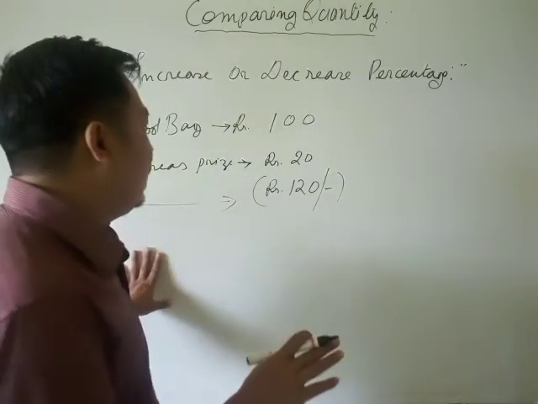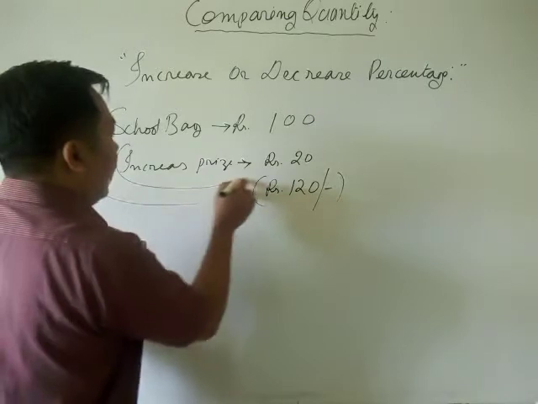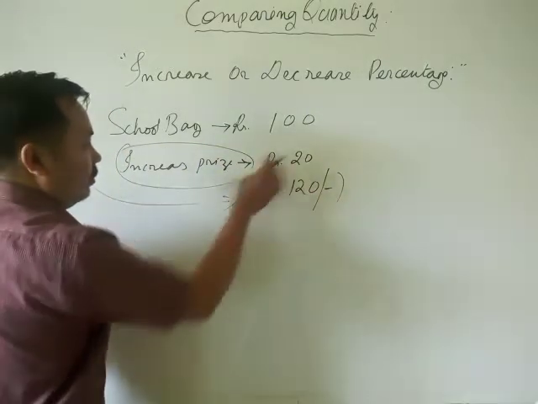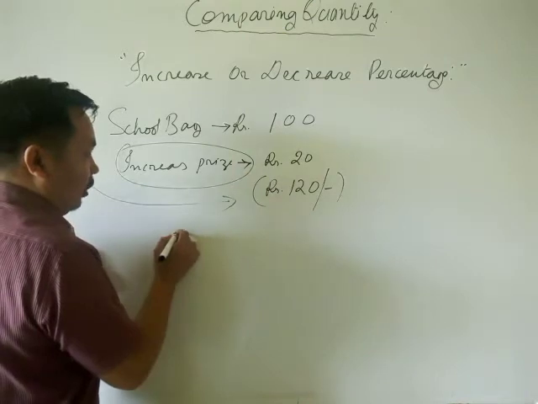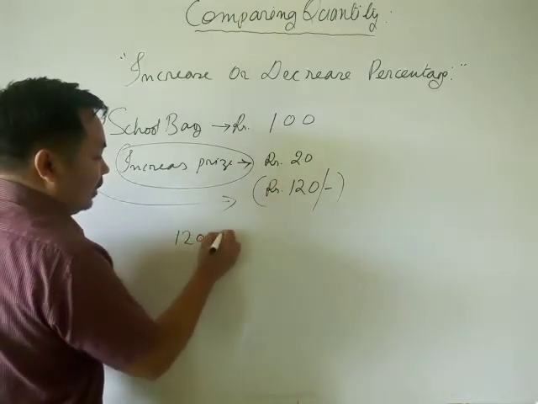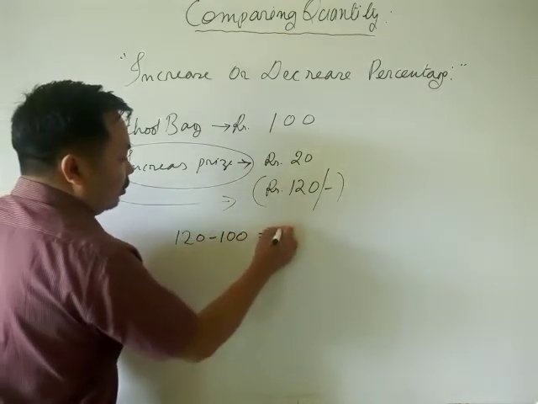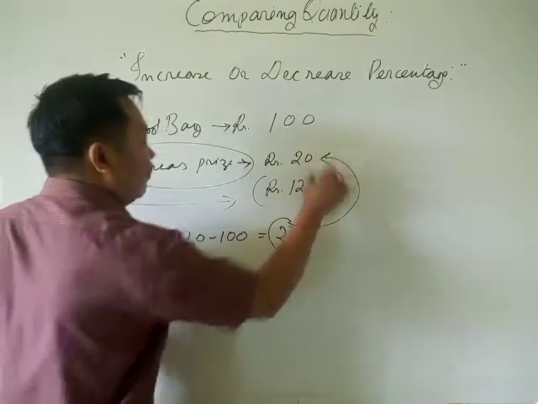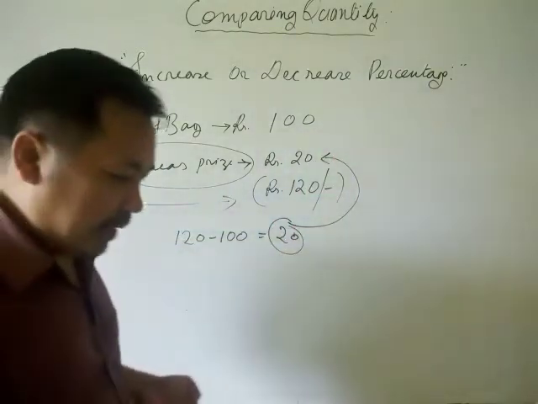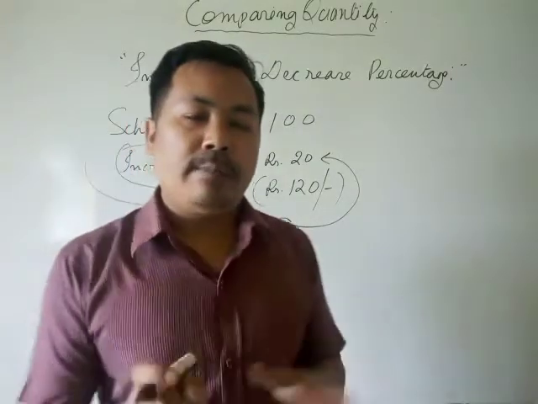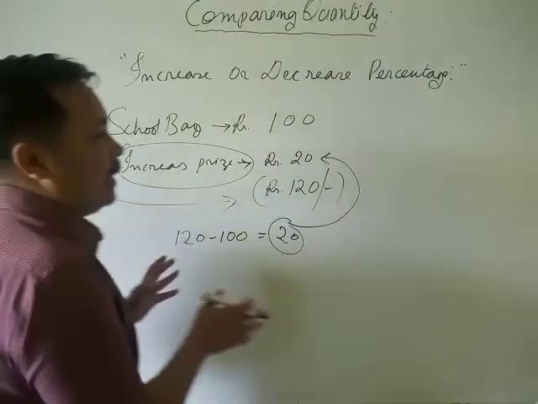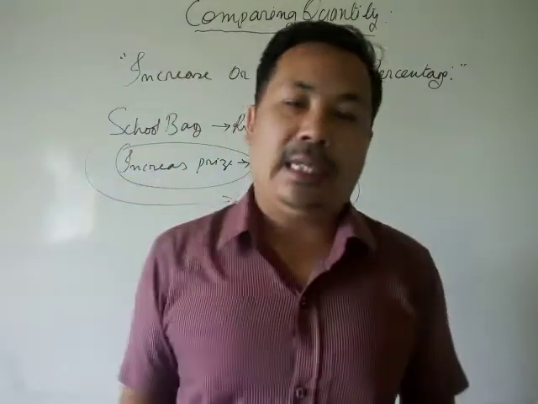So how much is the increase? That increased price we have to find out. If it's 120, then we get 20 rupees, that is 120 minus 100, which is 20 rupees. So 20 is the increased price and 100 is the original price. To find out the increased percentage, here the price is increased, not decreased.